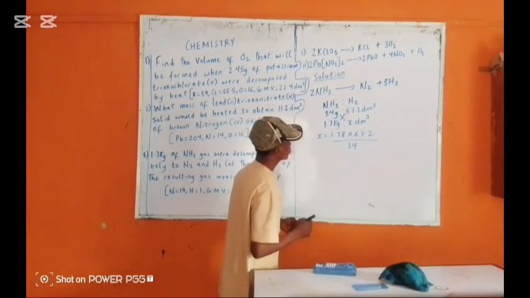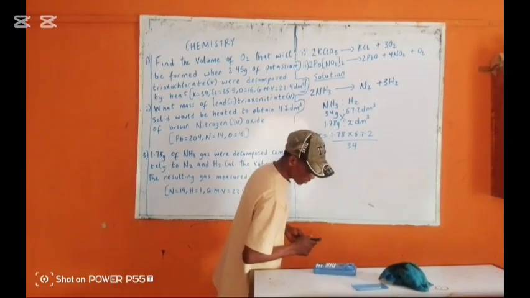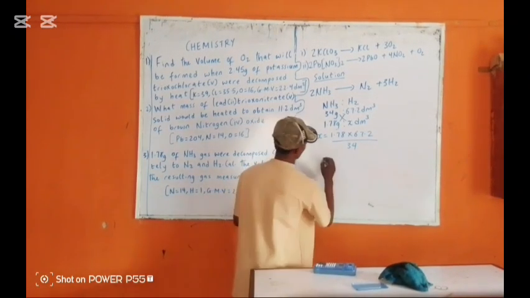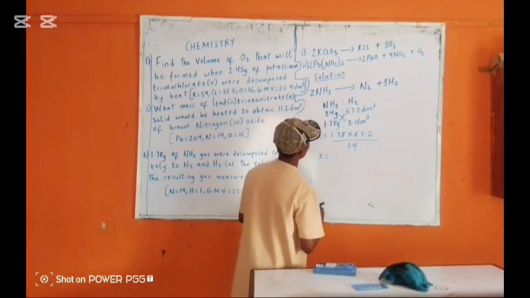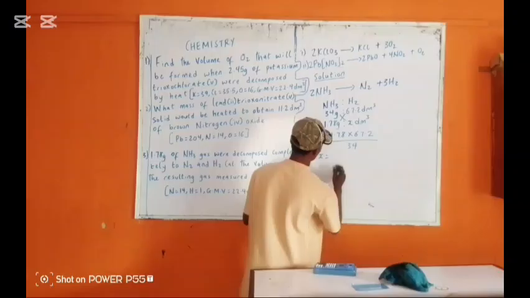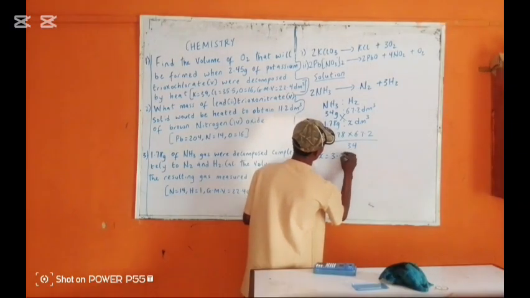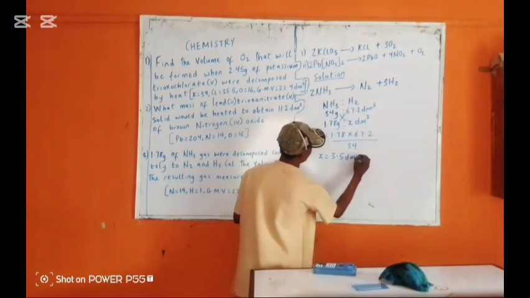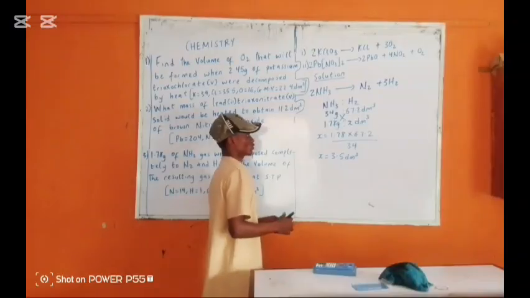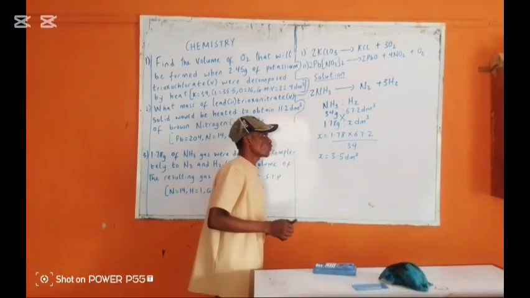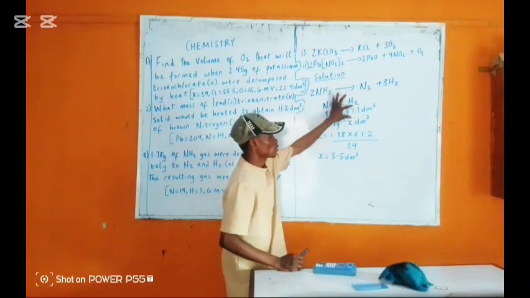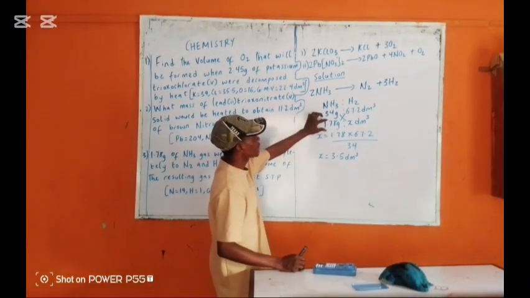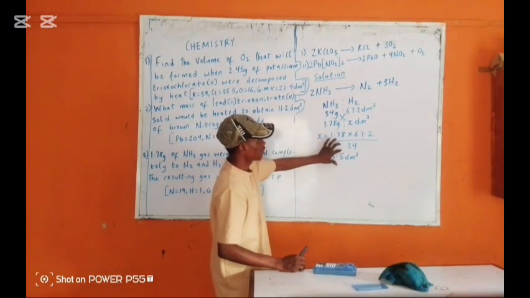We have 3.52, or let's say 3.5 dm cube. So when we make use of a bigger mass, we get a bigger volume. When we make use of a smaller mass, we will get a smaller volume.